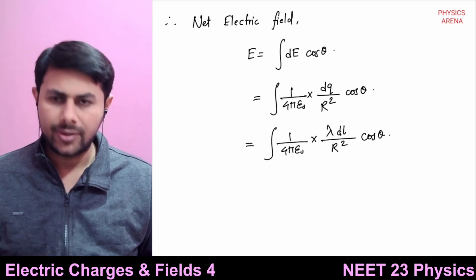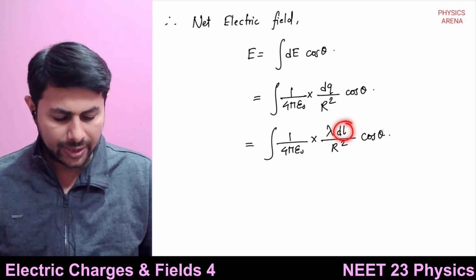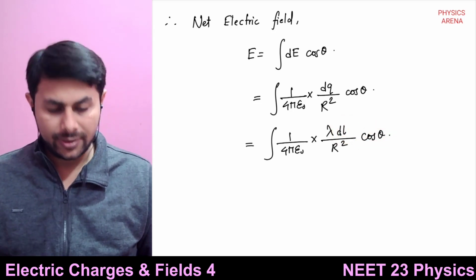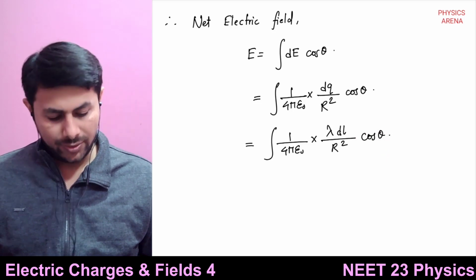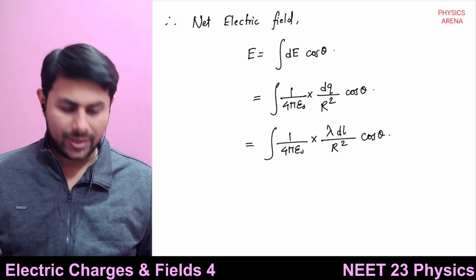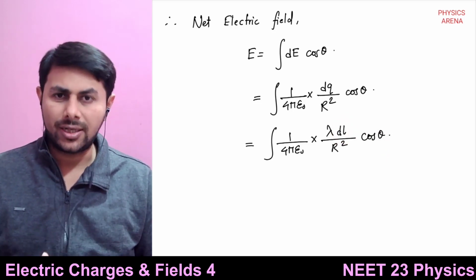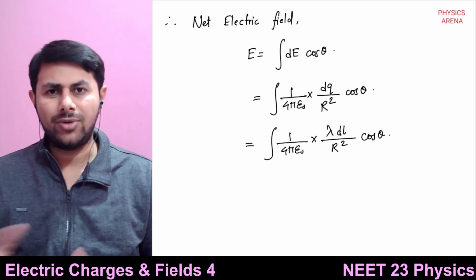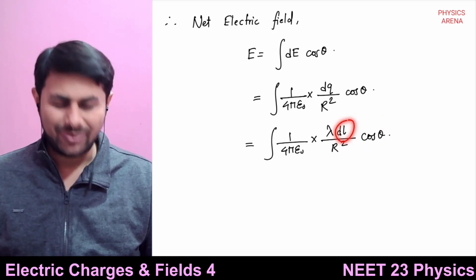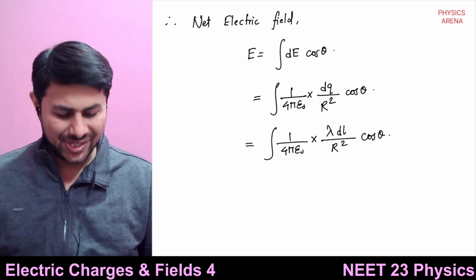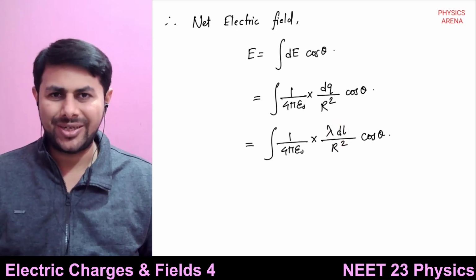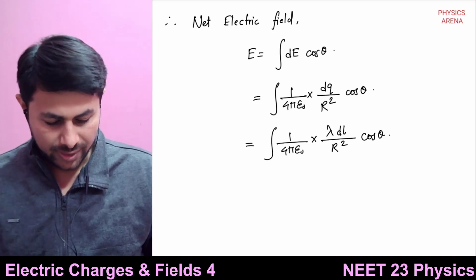So here we see that there are two variables: the length of the element, and theta. So either we have to convert this length to theta, or we have to convert theta to length, right? Converting dl to theta is easier. Okay, changing this variable from length to theta is easier, right?